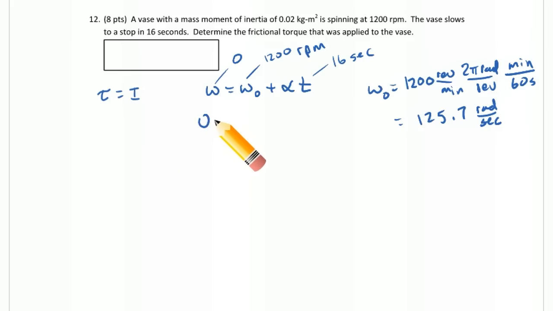Okay, so that gives us our omega 0, so we'll write it in here. 0 is 125.7 plus alpha times 16. So when we multiply or divide our radians per second by seconds, that's where we'll get our radians per second squared, which is a unit of acceleration.